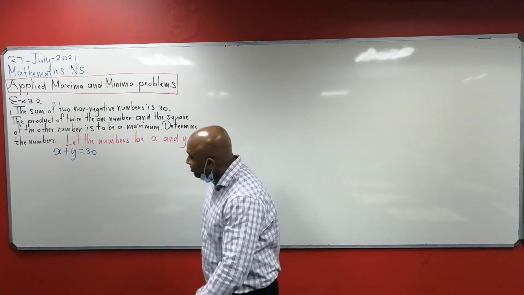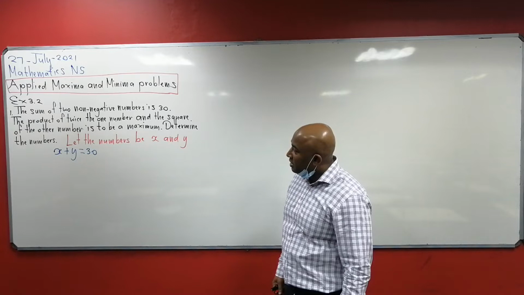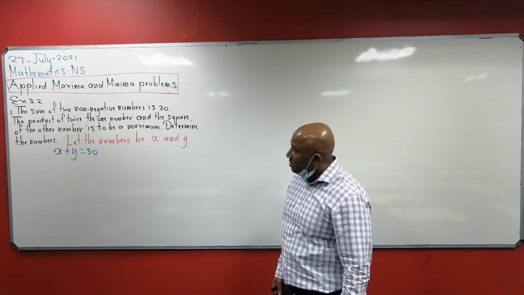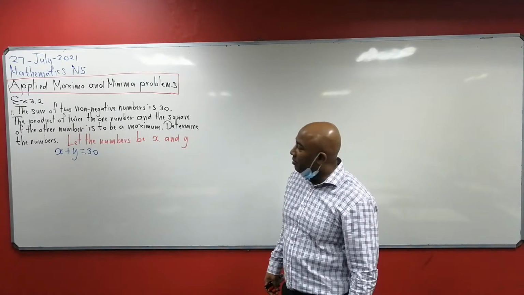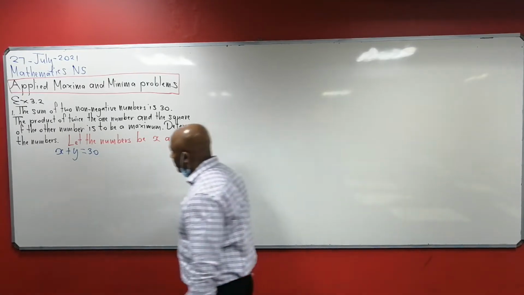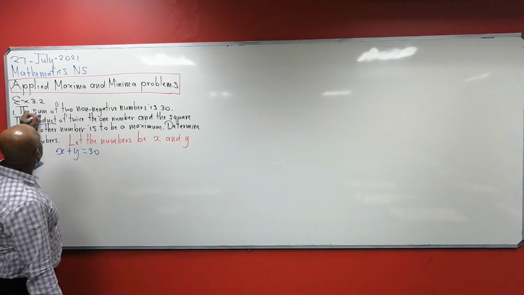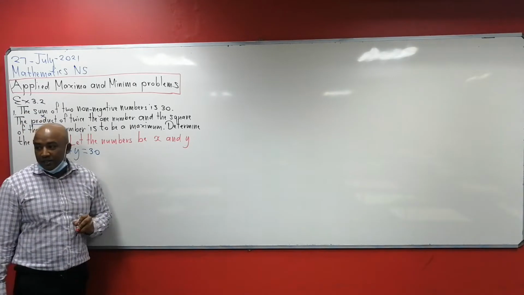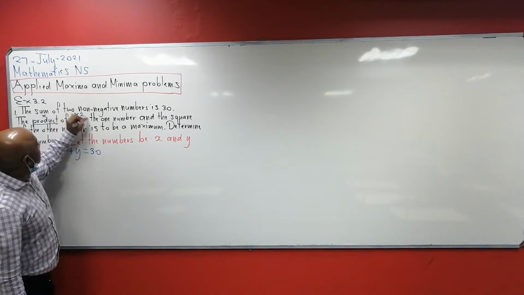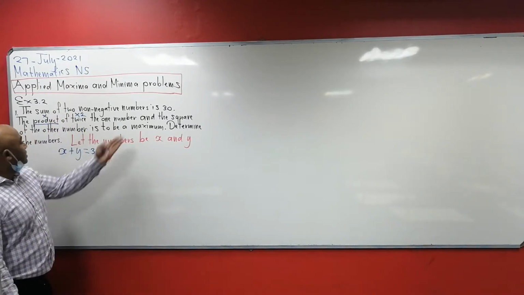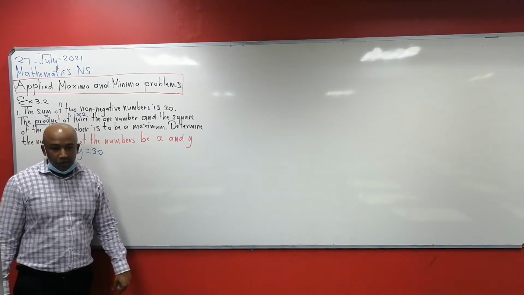Simple addition. Then the product of twice the one number and the square of the other number is to be a maximum. The product here will mean multiplication. Twice means multiply by 2. Square, well, you know what square is, square means raised to the power 2.